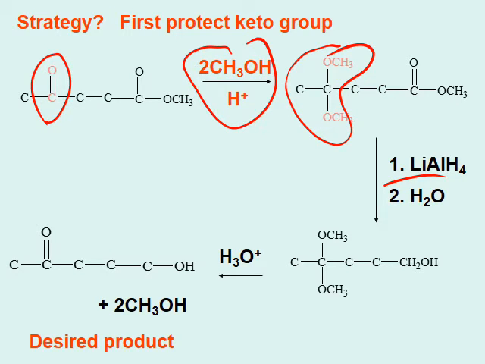So H- is released from lithium aluminum hydride, and that's going to react with this carbon. Then the carbon is going to give O-, and finally it's going to push out the OCH3 group as CH3OH. That's what you see here, and then eventually you get OH.